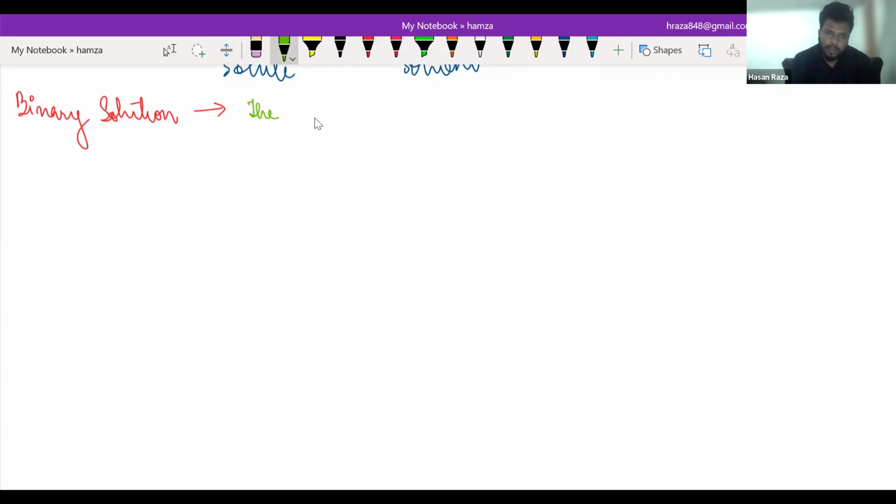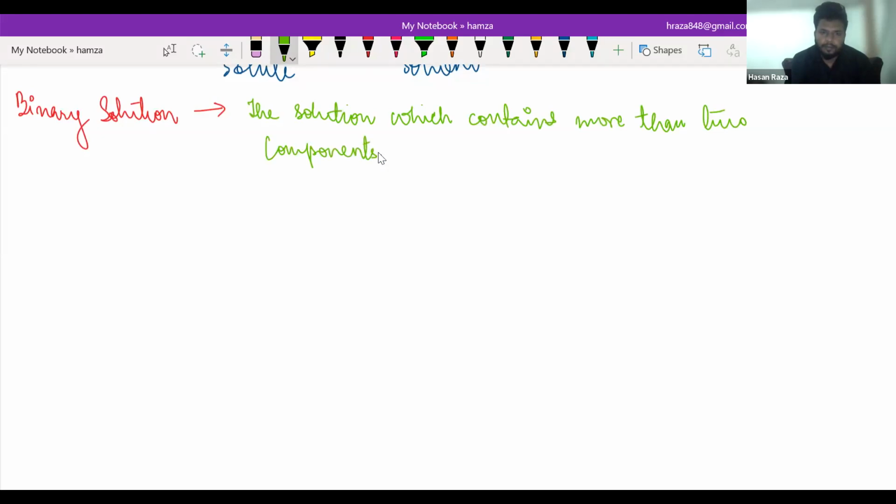The solution which contains only two components is known as binary solution. Please write.